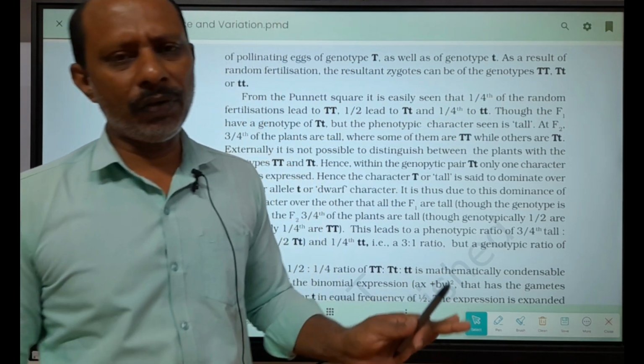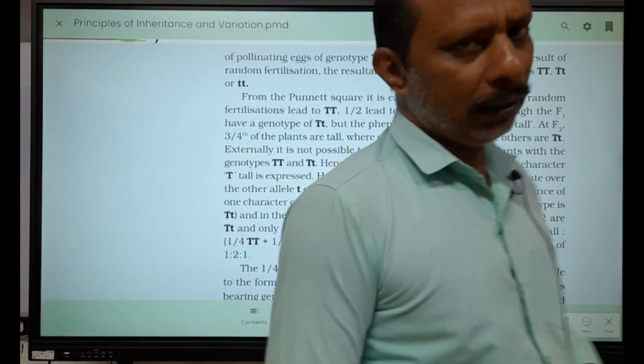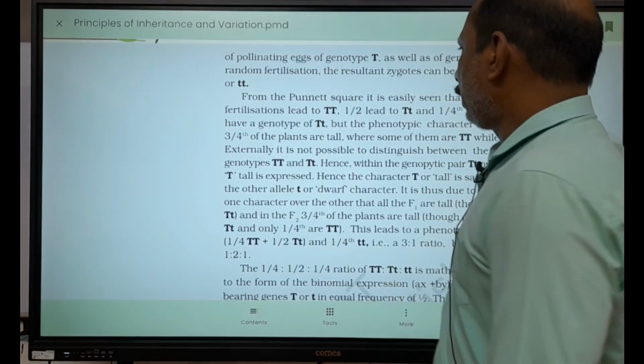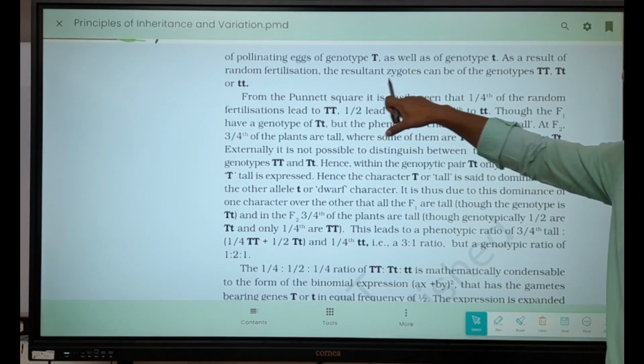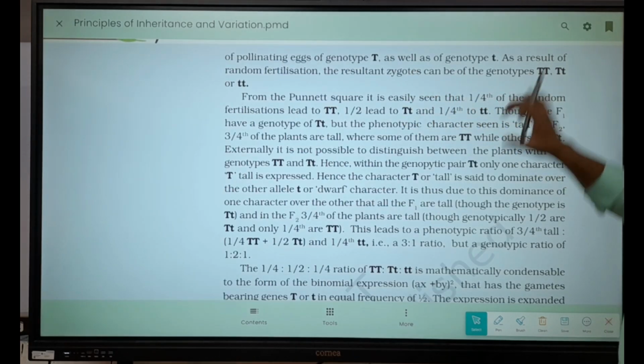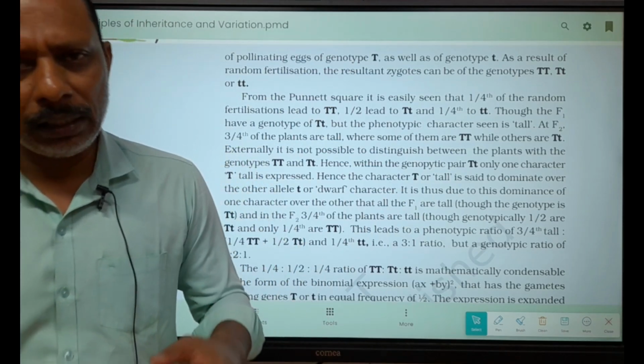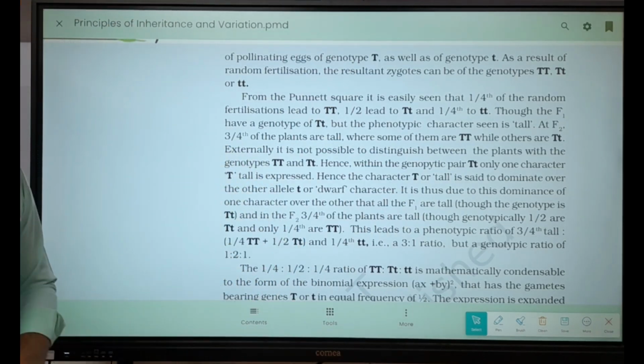The possibility is 50% chances; there is no exact chance. As a result of random fertilization, the resultant zygotes can be of the genotype capital T, capital T small t, or small t.